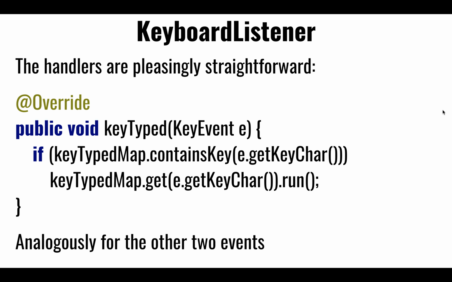We would do the same thing for key type, key up, key down. They would look up into different maps. You would have different maps for different events. And also, we only have one command of capitalizing or uncapitalizing and changing the color. We only have those three keystrokes, but we could have any number of them represented in these maps.